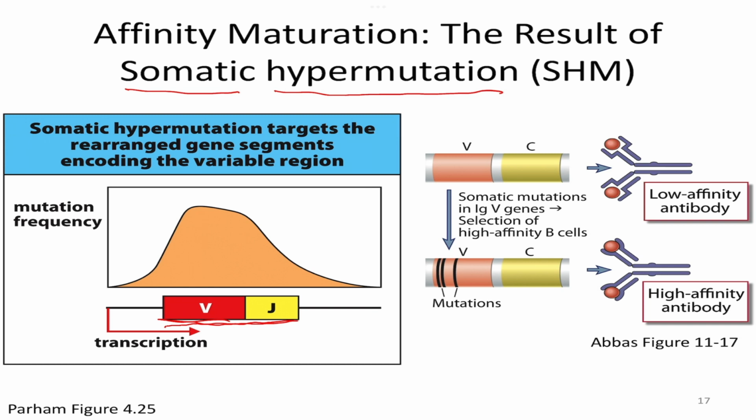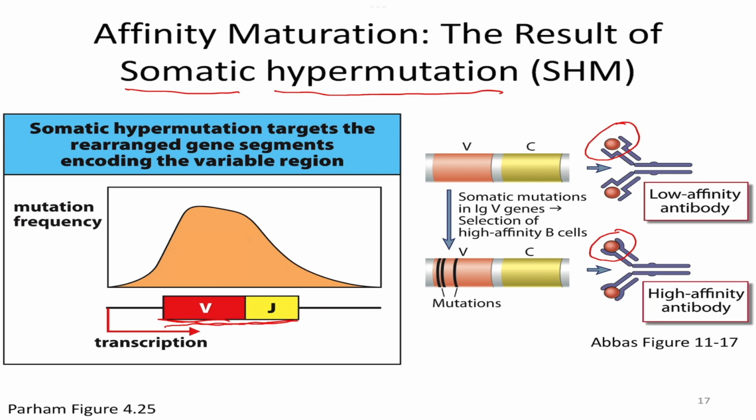And what that will do is change the variable region, and that will change the antigen binding site of the antibody. And so instead of the antigen binding site that we see at the beginning, we will see a new, potentially better binding of this antibody. You will see better binding overall in the response.